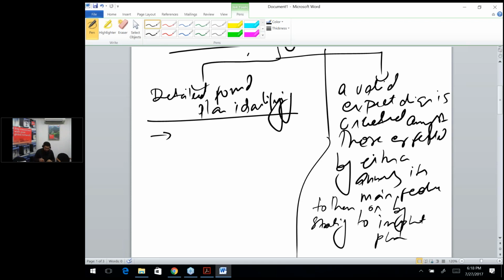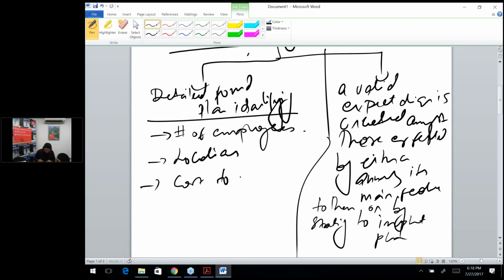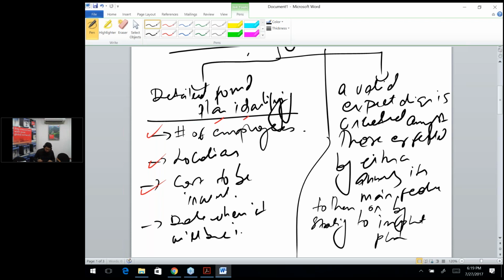When we talk about a detailed formal plan, it identifies the number of employees to be affected, the locations that are to be affected, the expected cost to be incurred, and the date when it will be implemented.